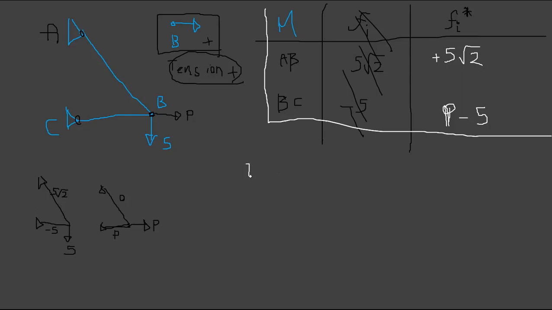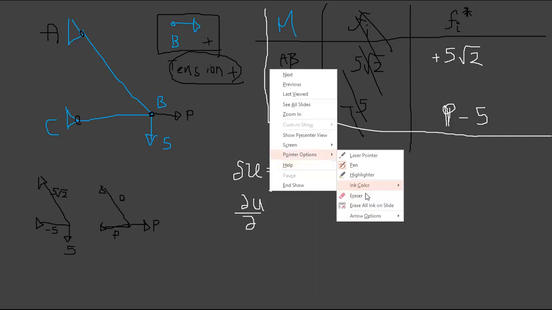So U in the first member, so this U will be U1 plus U2, right?